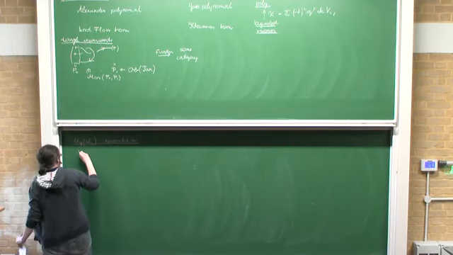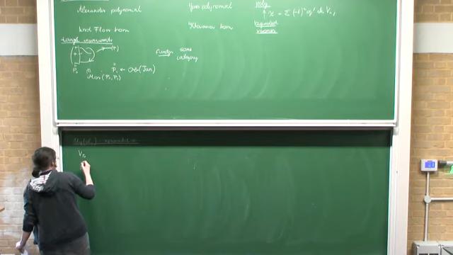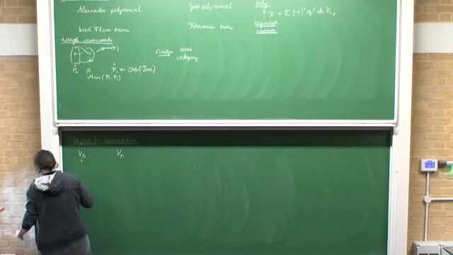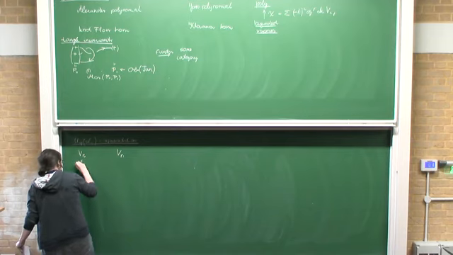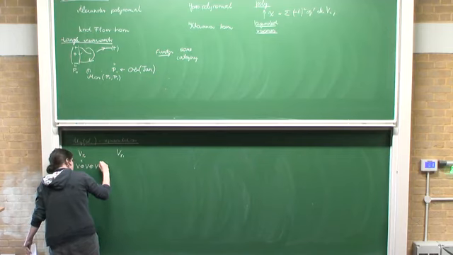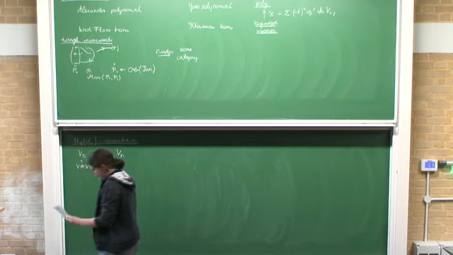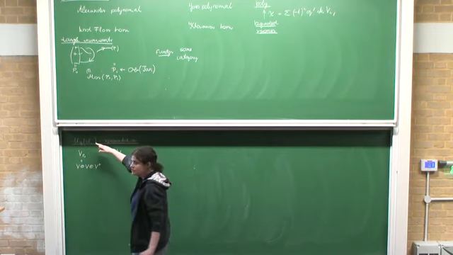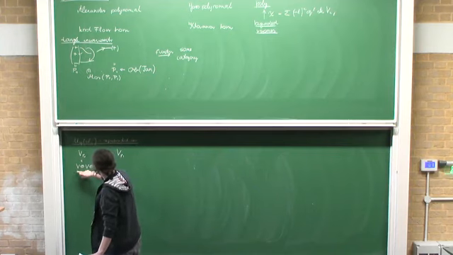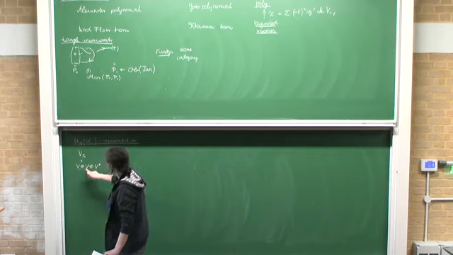So V_P0 and V_P1 are basically tensors of the vector representation of SL2, corresponding to the set of points of plus and minus.